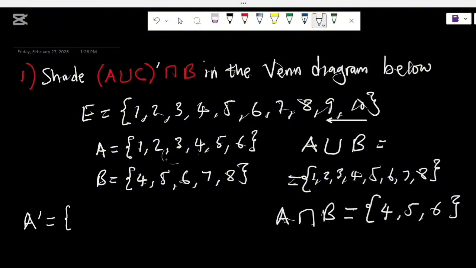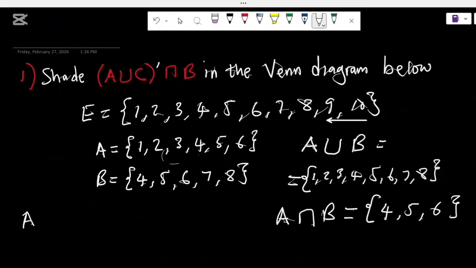So we exclude 1, 2, 3, 4, 5, 6. Then for us to list the elements of A complement, we're going to start from 7, right? So we're going to have 7, 8, 9, 10. So this is A complement. So just make sure that you are familiar with these terms: union, intersection, and also complement.